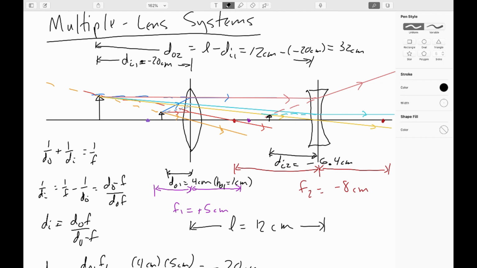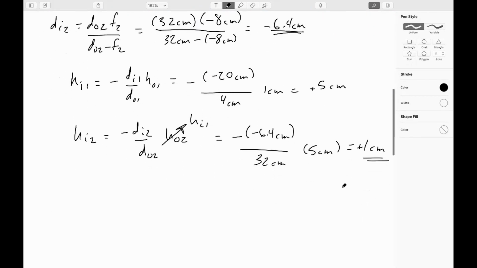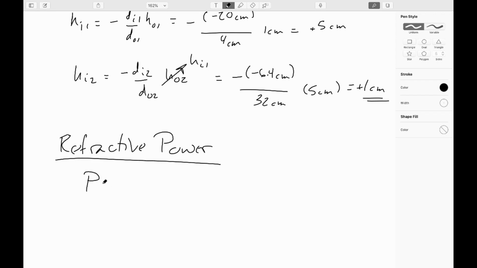Okay, and before I leave this here, I will throw in one other little result. I will define a quantity called the refractive power of a lens. The refractive power is defined to be 1 over the focal length.